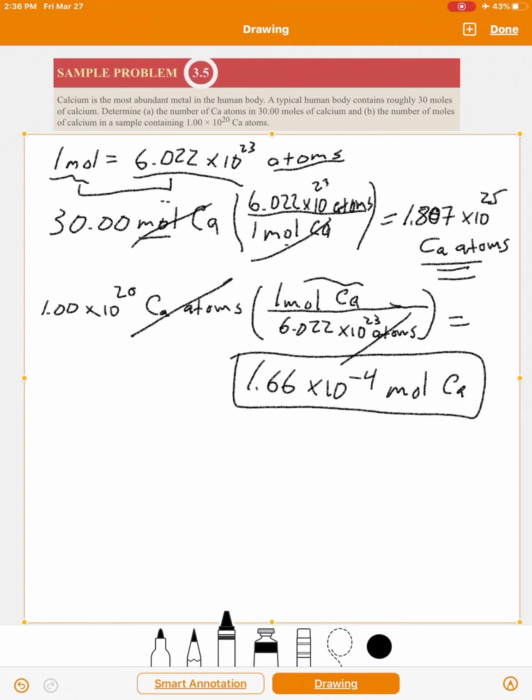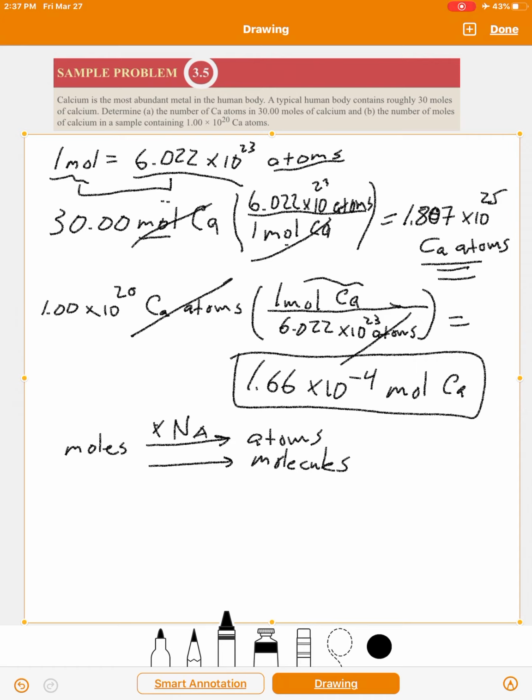Okay? So as we could sum up this little lesson plan, what we would say is something like this. If you have the number of moles and you want to convert that either to the number of atoms or the number of molecules, you would multiply by Avogadro's number.